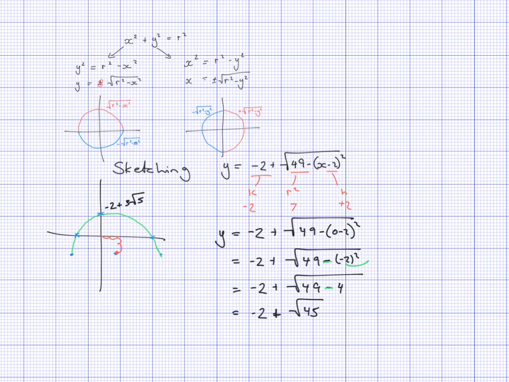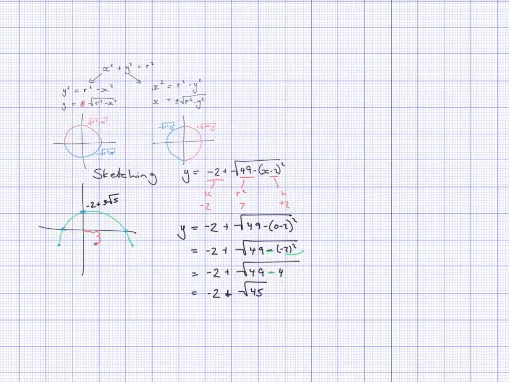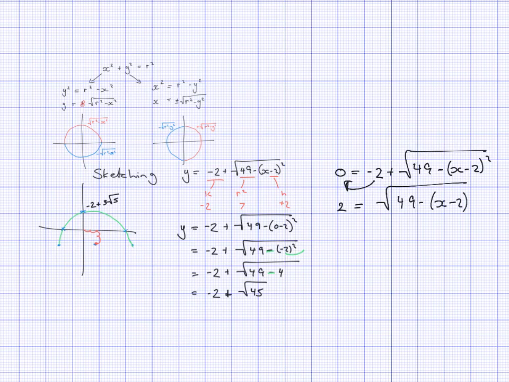All right, now to find the x-intercepts, I'll do that by allowing y to equal 0. So 0 equals minus 2 plus root 49 minus x minus 2 squared. Move the 2 across, so 2 equals root 49 minus x minus 2 squared.